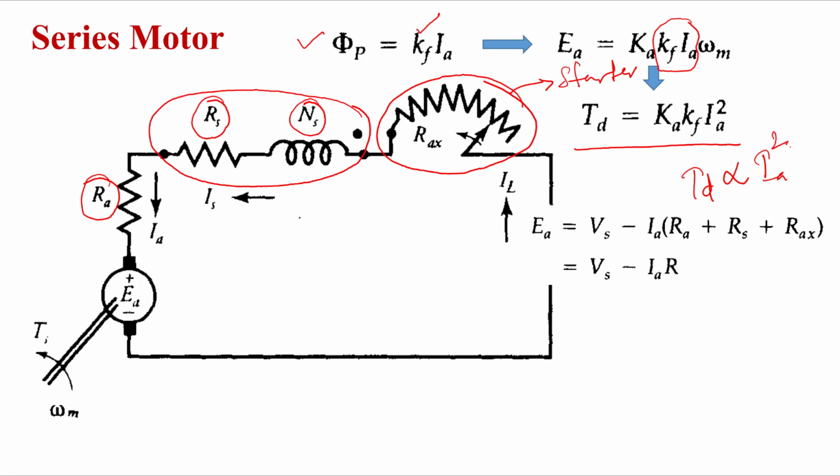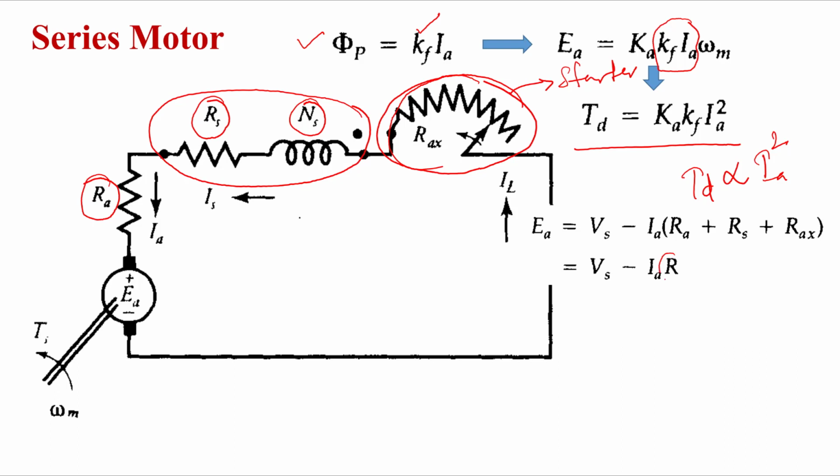Similarly, other terminal equations we can write by applying Kirchhoff's voltage law. So I can write Ea equal to Vs minus Ia times Ra plus Rs plus Rex, where Rex is the resistance in the starter circuit, right?